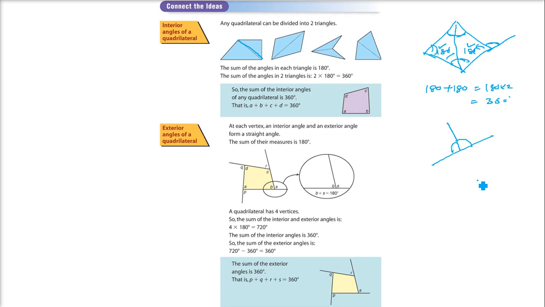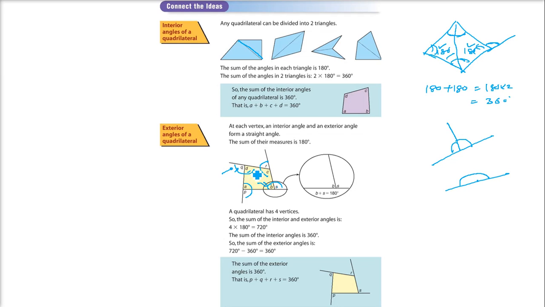Always for a line, any angle will be 180 degrees if you take any point. So here we have this B and S. B plus S will be 180 degrees because B is the interior angle, S is the exterior angle. Again, R plus C is 180 degrees, Q plus D is 180 degrees, A plus P is 180 degrees. Even if you know this D, you can find out Q. If you know Q, you can find D.